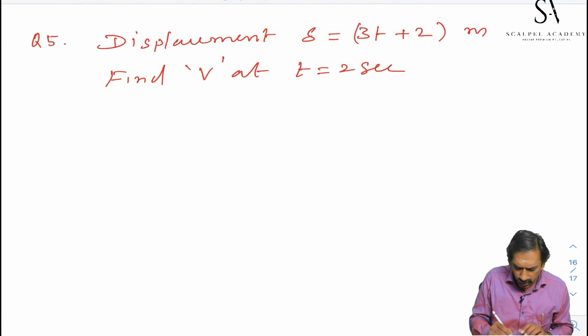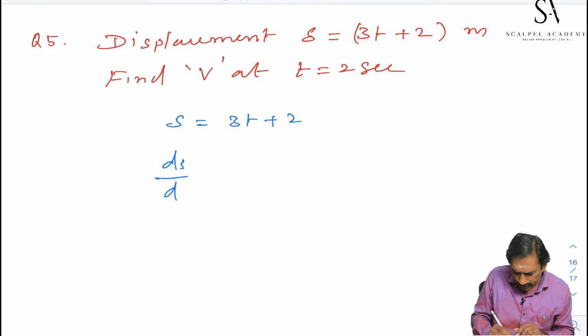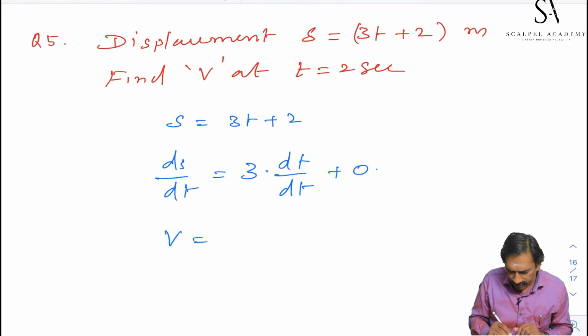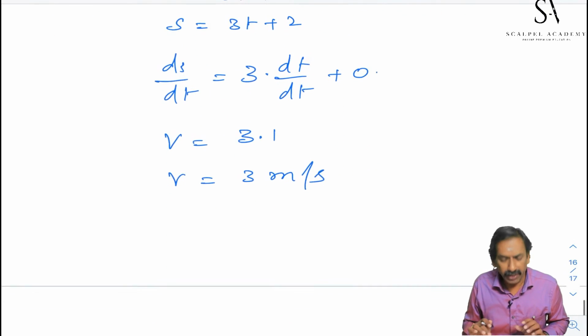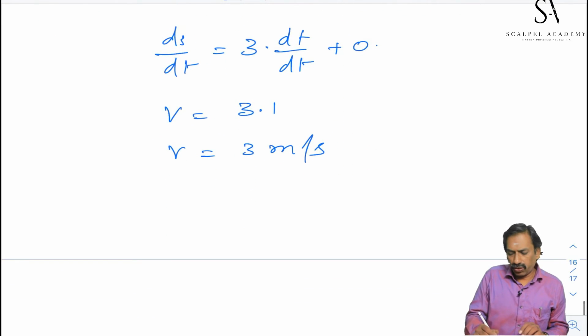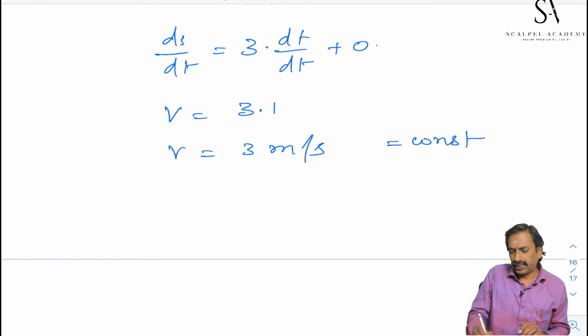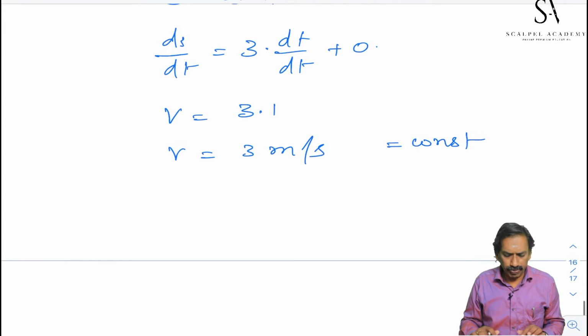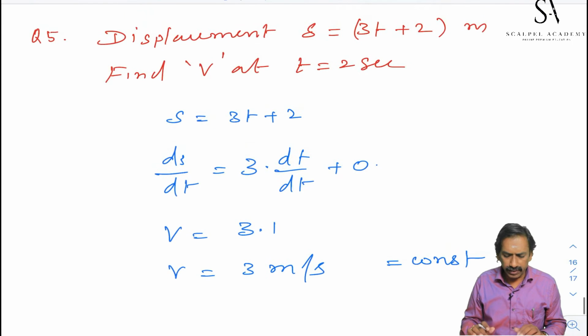Okay, we know rate of change of displacement is called velocity. ds by dt is equal to 3 into dt by dt plus differentiation of constant 0, that's equal to 3 into 1, that's equal to 3 meter per second. It is independent of time, so it is constant. Always, at t is equal to 0, at t is equal to 2 seconds, velocity is constant.